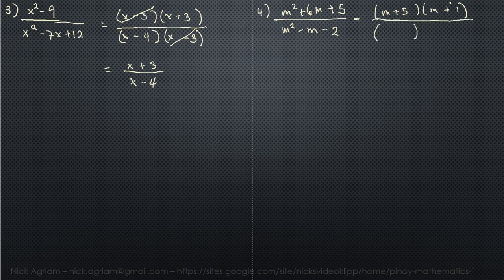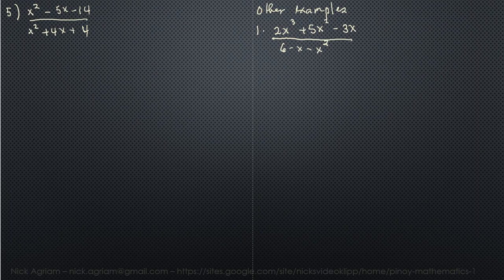And then we have all negative, so we have m, negative 2 and positive 1. And then negative 2 times positive 1 is negative 2. Then we are ready to cancel. So our answer is m plus 5 divided by m minus 1.